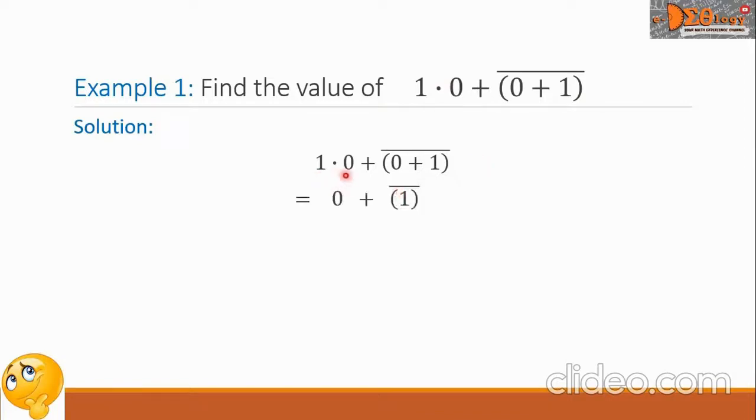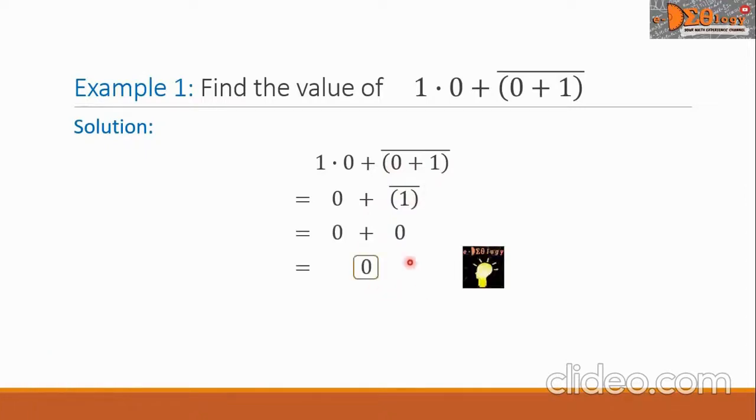This 1 times 0 is 0, then plus the quantity 0 plus 1 is 1. Let us simplify this 1 bar, and that will be 0. 0 plus 0 is 0. This is the final answer.